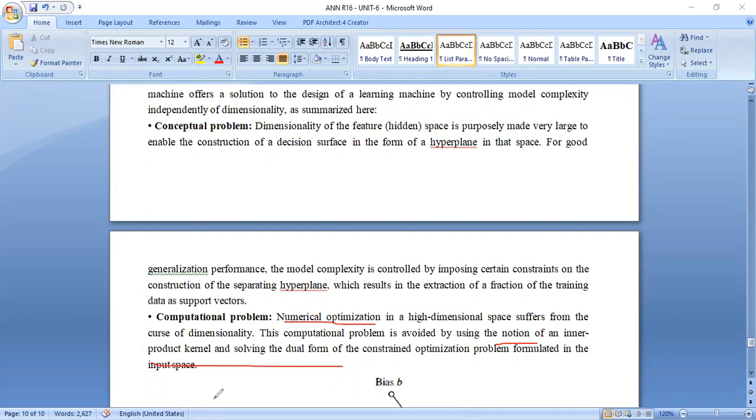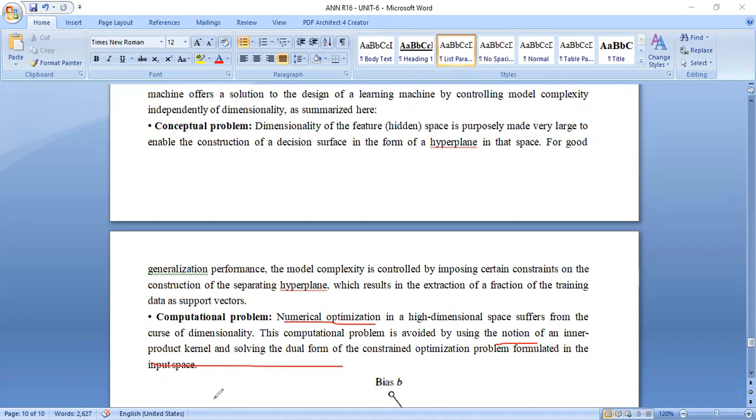If we use the new methodologies of radial basis function and multi-layer perceptron, we may get two problems. One is the conceptual problem and the second one is the computational problem. The conceptual problem is avoided by putting some constraints on a separating hyperplane. That is to overcome the conceptual problem.